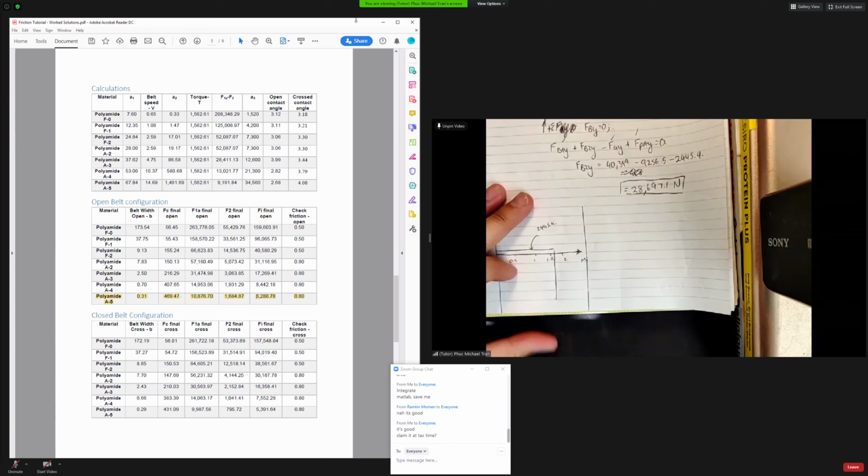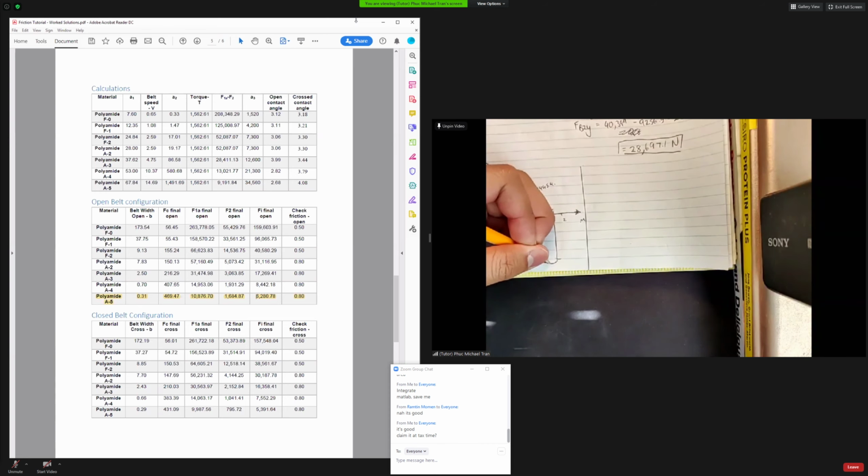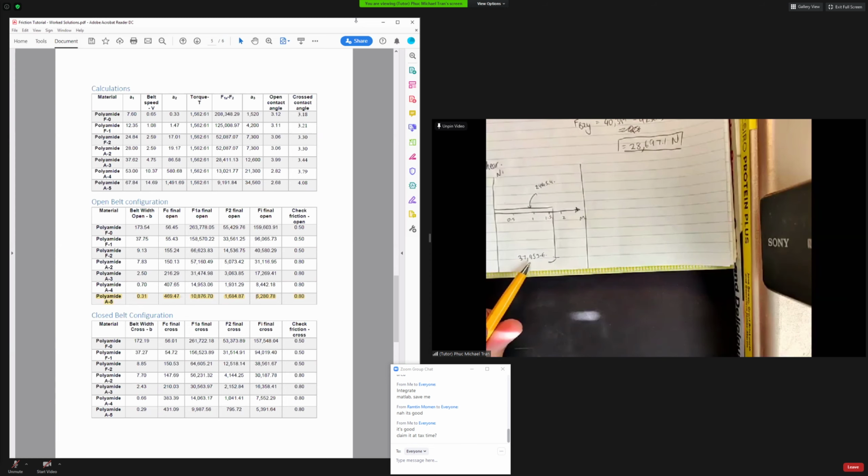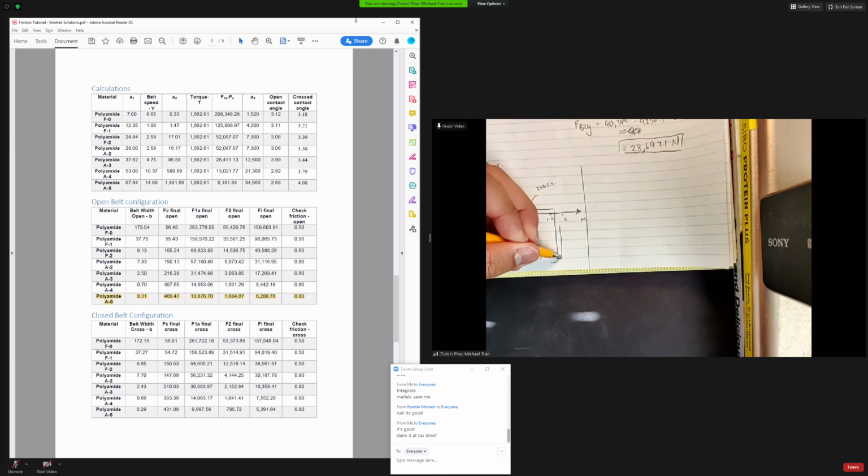That's 38,000. If you can see that, 37953. And then the addition of your bearing 2 reaction, which is going up, but not all the way. That should be 9256.5.